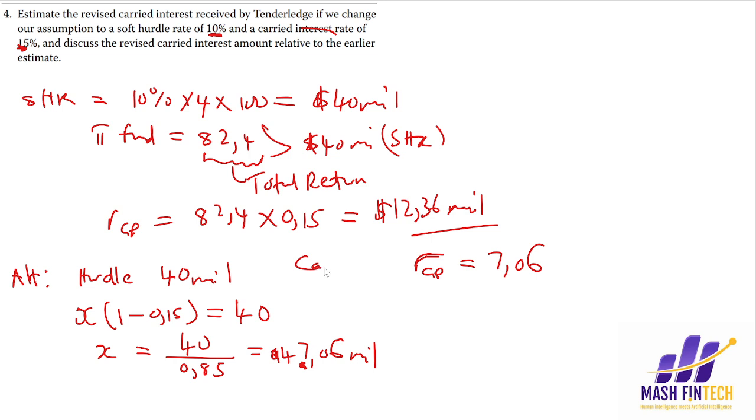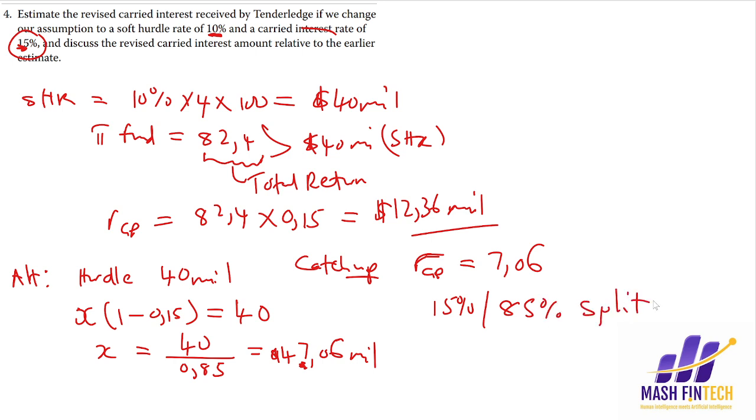So this is the catch up. Beyond this catch up, you have to reach a profit of 82.4, and this difference now is going to be paid using the 15%. So it's going to be a 15%, 85% split.